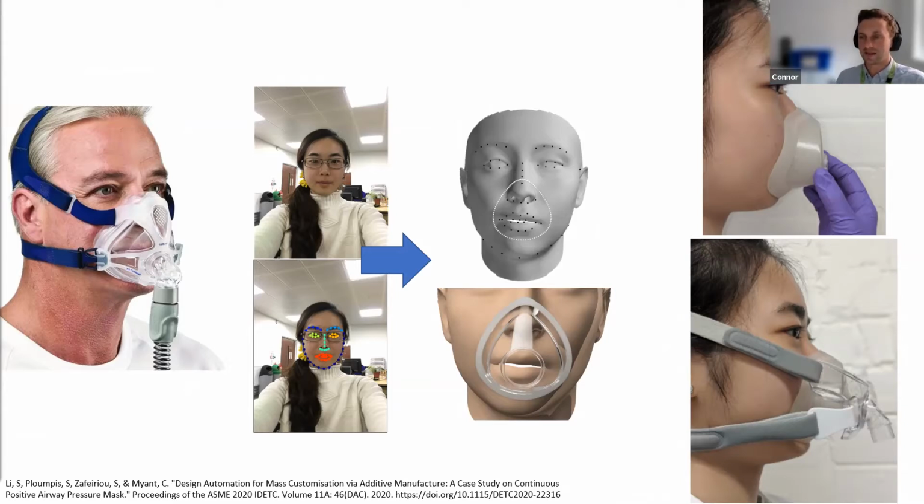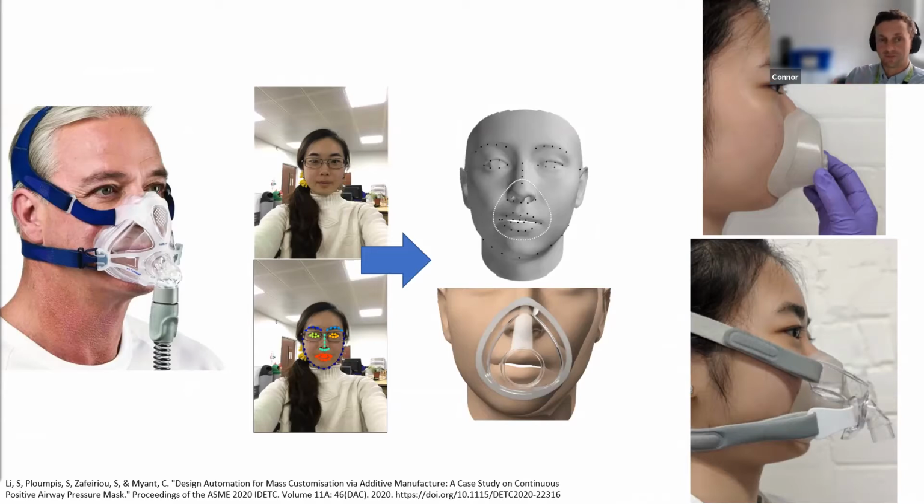And we looked at utilizing a method of taking a 2D image of someone's face that you can just capture on your mobile phone, and from that we can find key landmarks on your face, say your eyes, nose, mouth, and so forth, and then we can use a statistical model to predict the 3D shape of your face based on the 2D separation of those points.